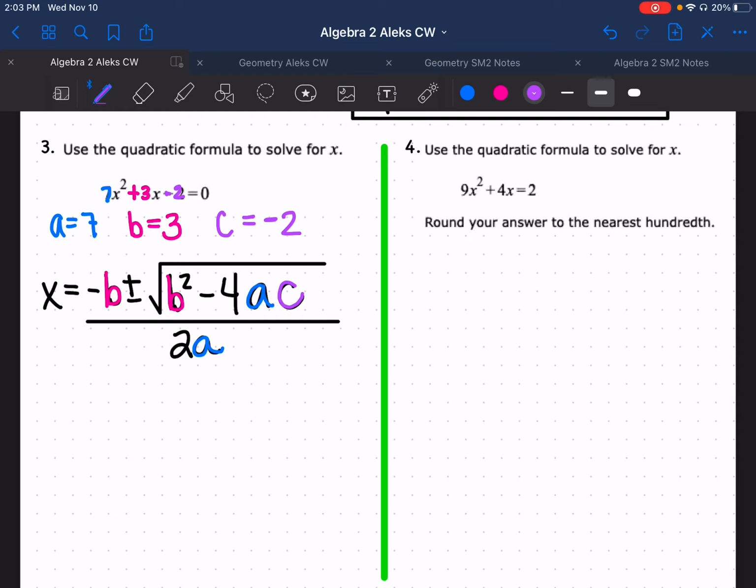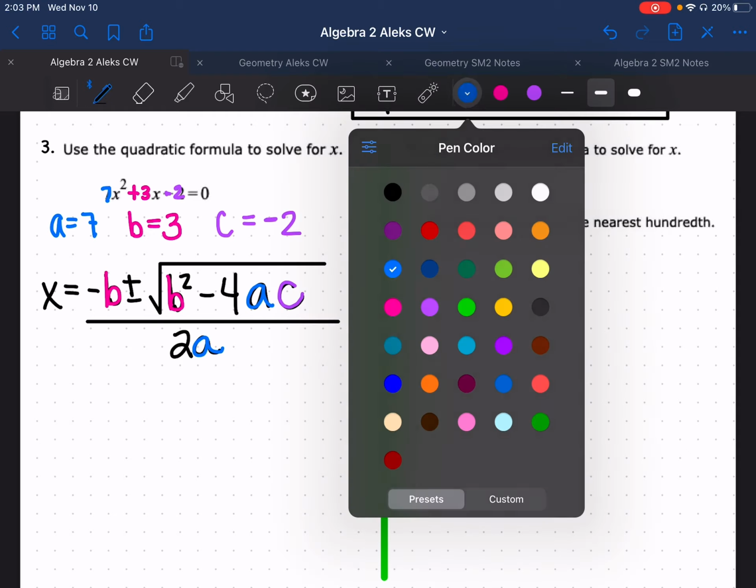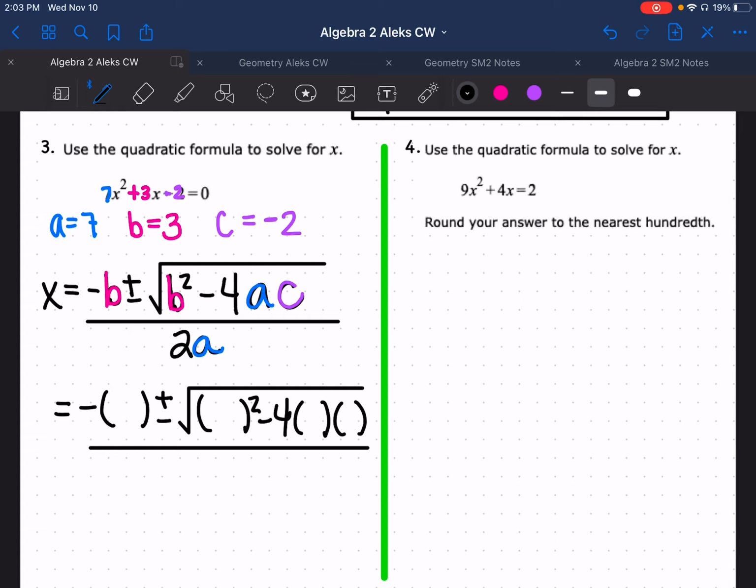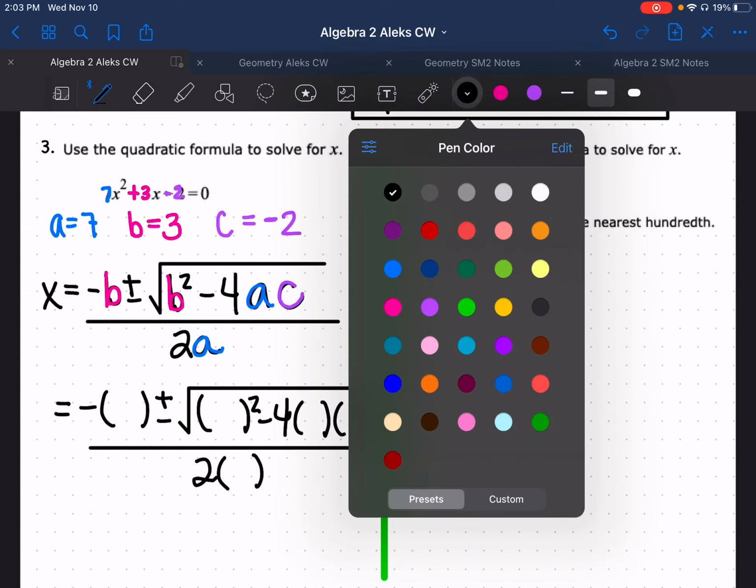What this allows me to do is quickly substitute numbers into my formula. I like to, just as I said in the lesson, set up what I like to call a skeleton. This allows me to plug into my calculator correctly the first time, and I don't really have to think.